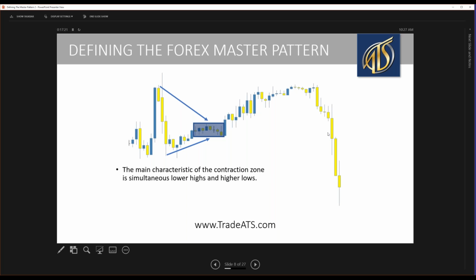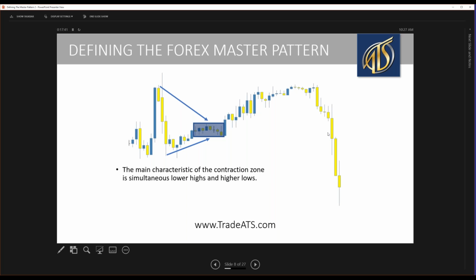If you see the price tightening, as long as you find a high and a low to go off of that's tightening, you can pretty much accurately define this well enough and then draw a center line out of that. So the simultaneous lower highs and higher lows is your initial indicator that you're in the contraction phase.